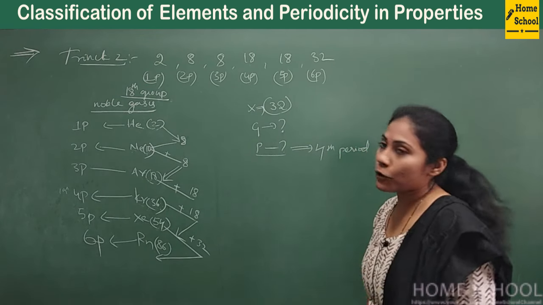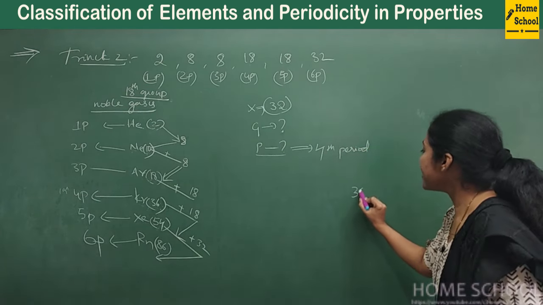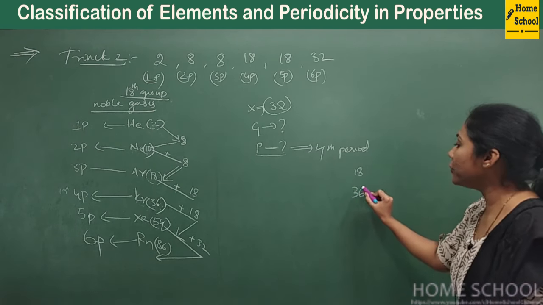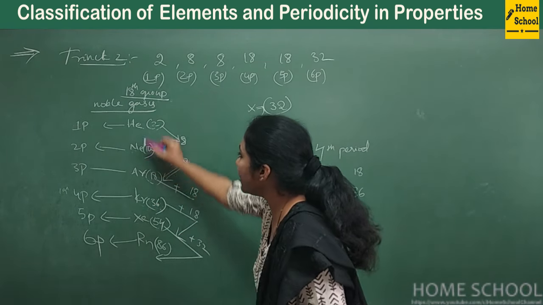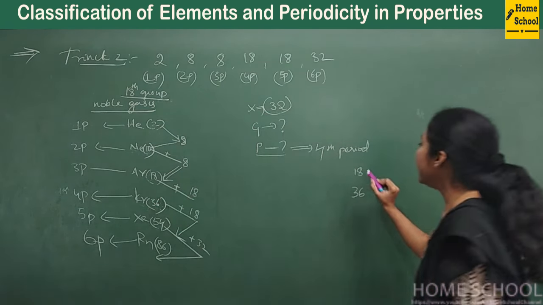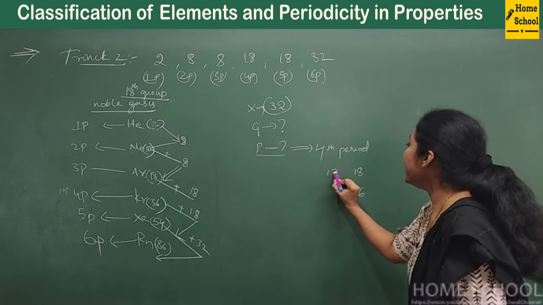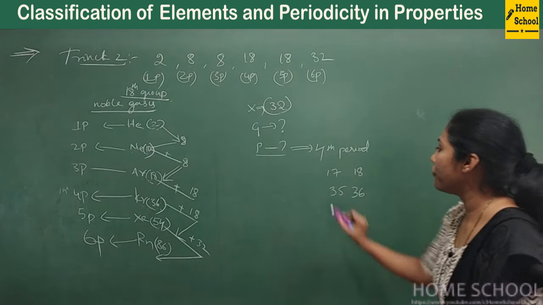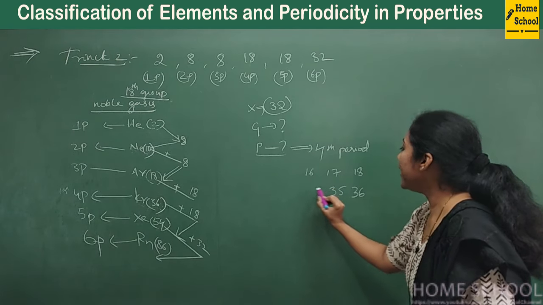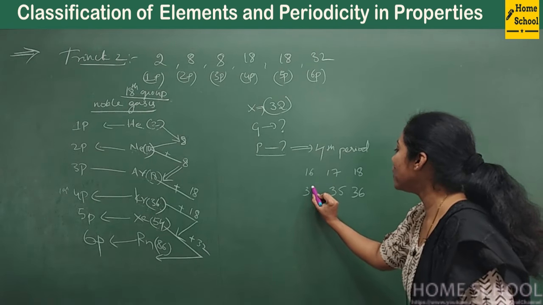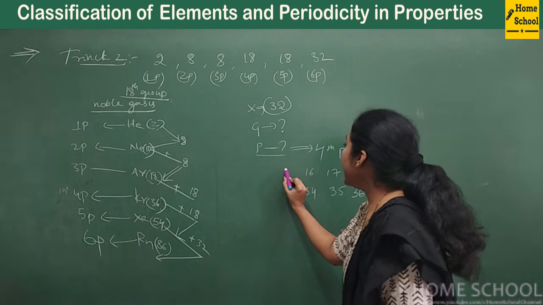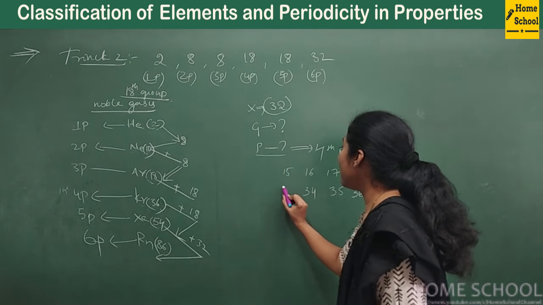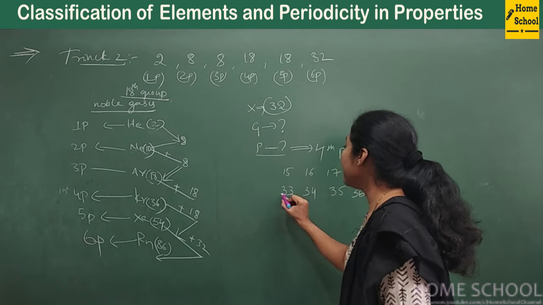Now identify the group. We know the 36th element, krypton, is coming in the 18th group, right? So in the 17th group, there must be the element with atomic number 35. In the 16th group, the element with atomic number 34. In the 15th group, the element with atomic number 33.